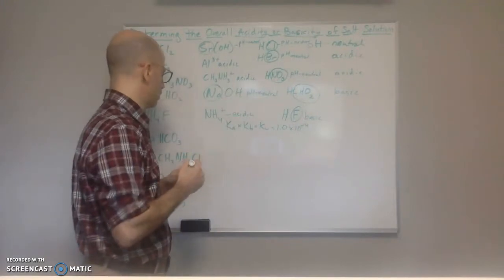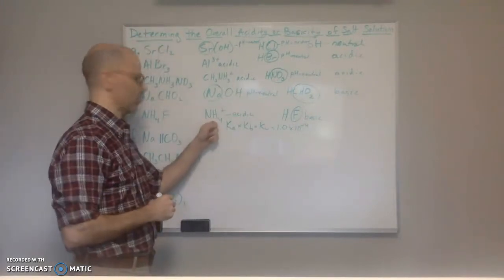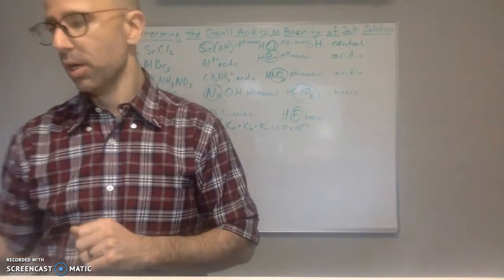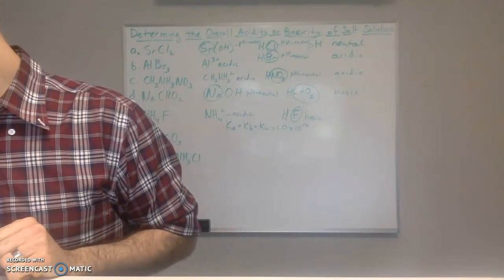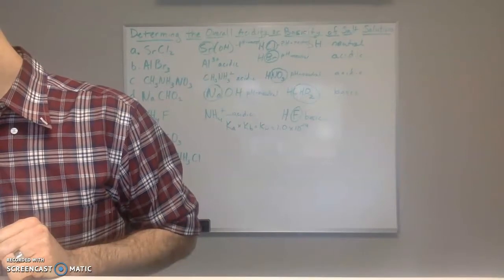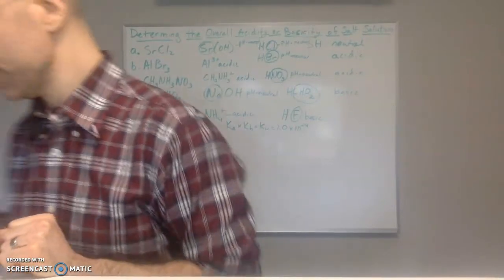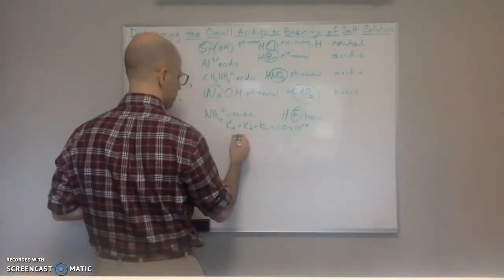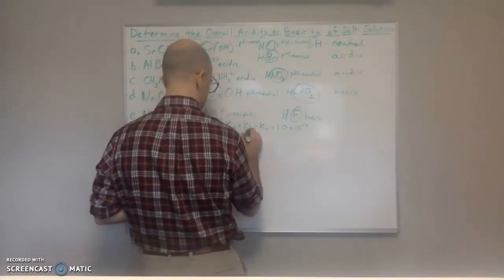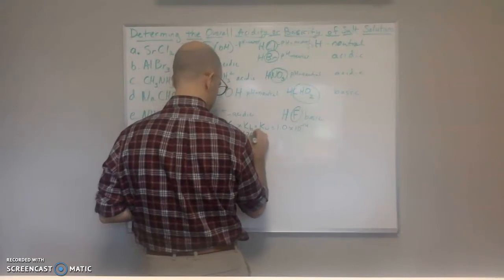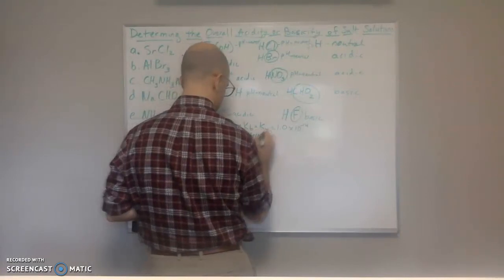To find the Ka value, we have to look up the Kb value of ammonia. So that Kb value is 1.76 times 10 to the negative 5.